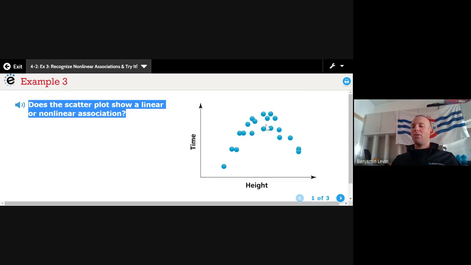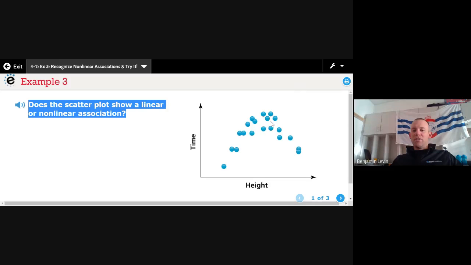And you can kind of see where that trend line would go. I was drawing it with my mouse. The trend line would go somewhere right along these general locations. You could draw a curved line that is a trend for this particular graph.